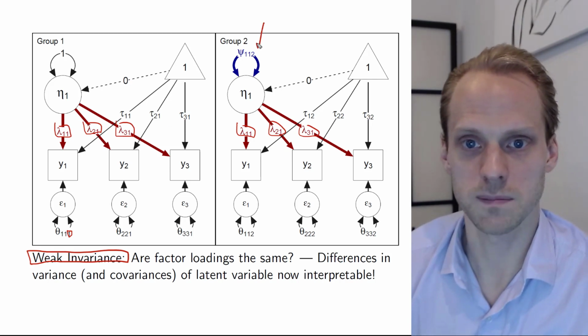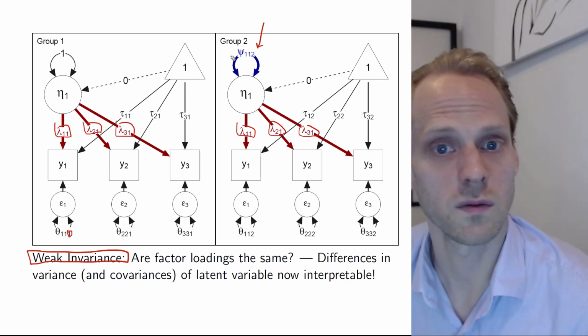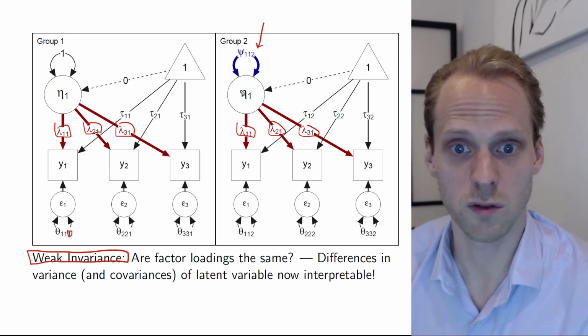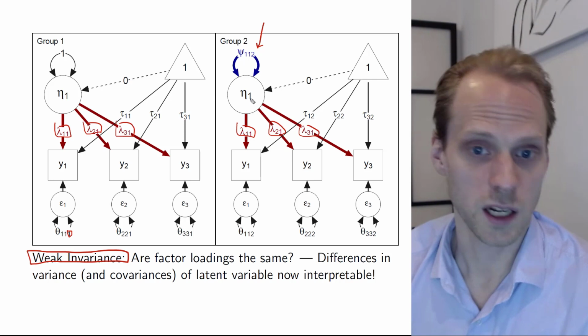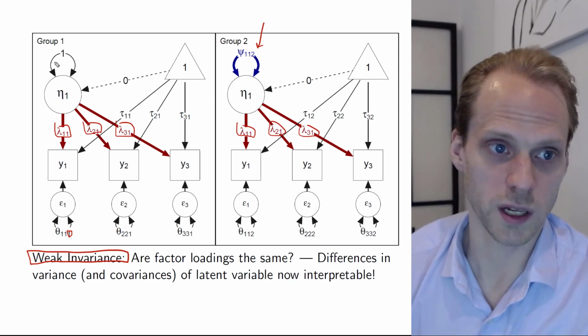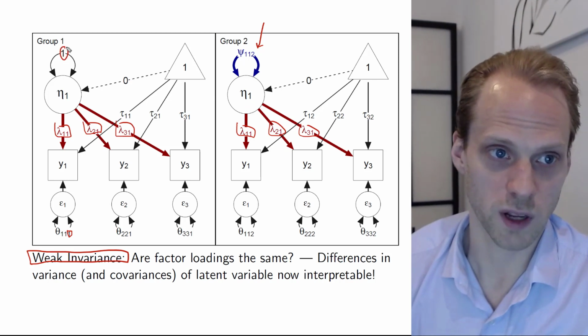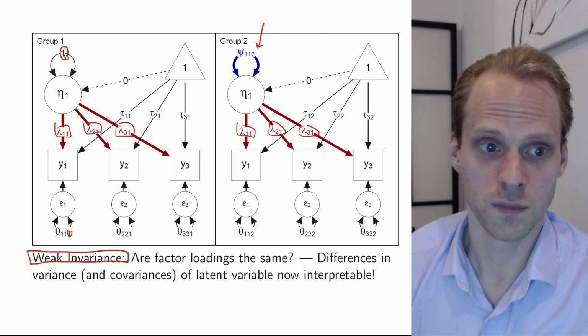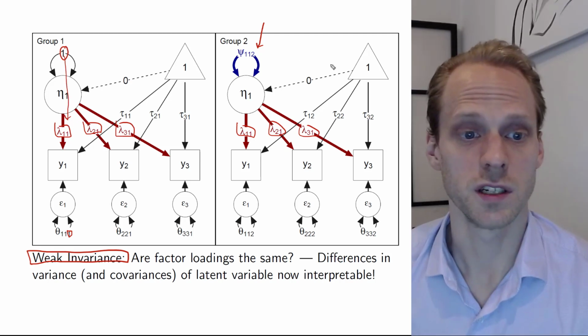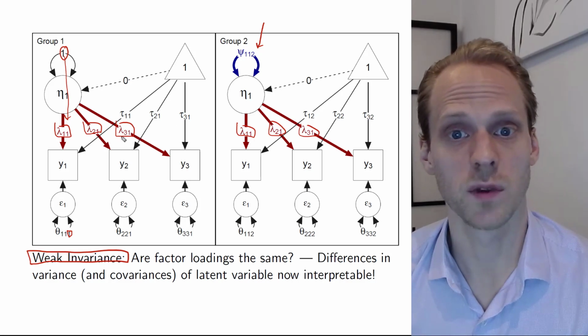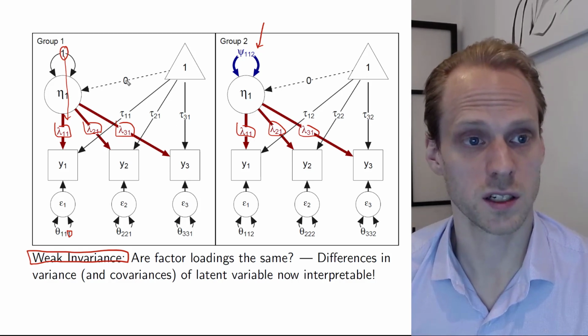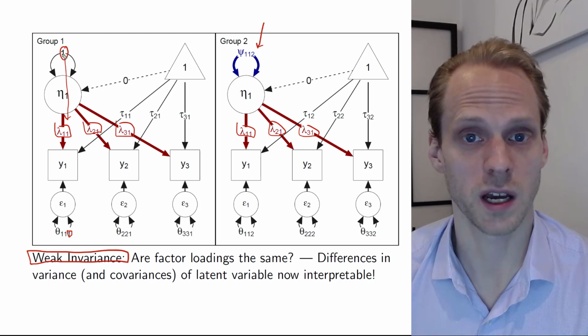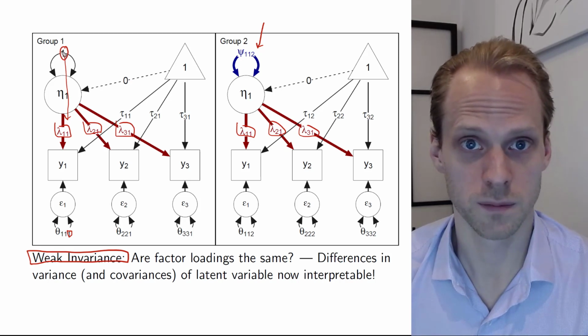But at the same time, we can see that we identified this factor variance in group 2. And that's because the scaling now is already constrained equal, because we have identified the scaling in group 1. And this factor loading is equal. And this means that we cannot arbitrarily make lambda bigger and psi smaller, because in group 1 psi is already constrained to be equal to 1.